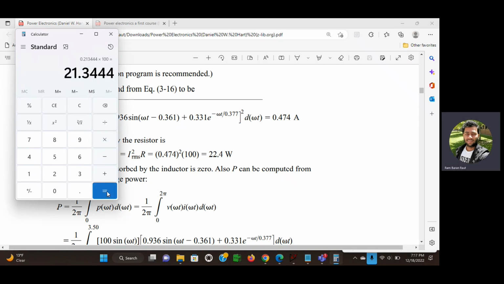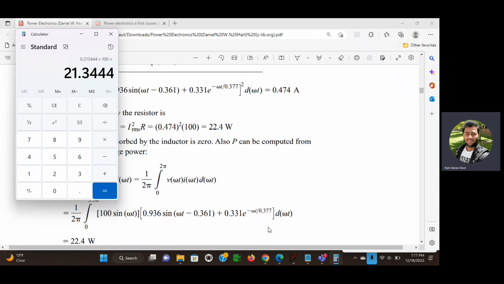So yeah, the average power consumed by the resistor is 21.344 watts.